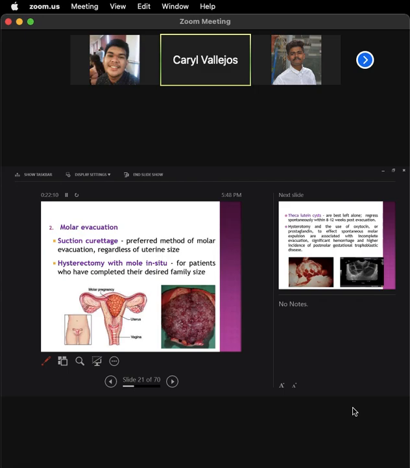Because our goal is that in the future the patient will not conceive, because there's a possibility of another molar pregnancy, or again, the sequelae, which we all know could lead to gestational trophoblastic neoplasia. That is to decrease the tumor load.